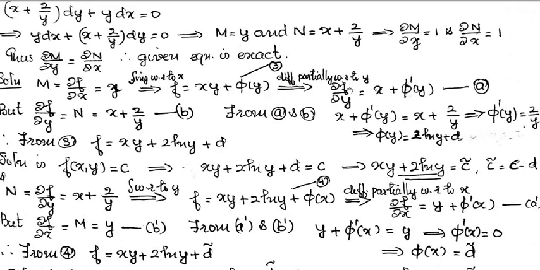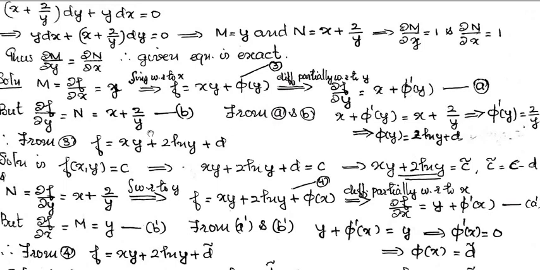Now, differentiating partially with respect to y, ∂f/∂y is equal to x + phi dash y. But from the definition itself, we know that ∂f/∂y is N, which is from the question x + 2/y, which implies x + phi dash y equal to x + 2/y.